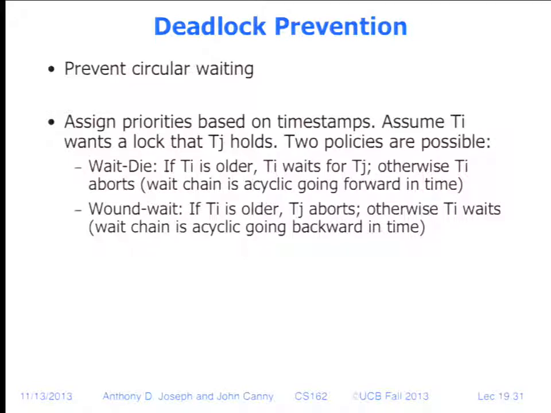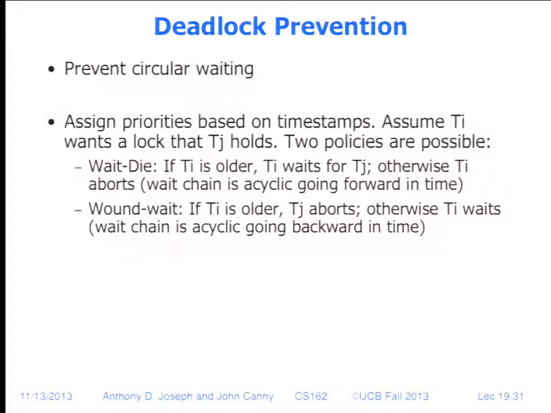The idea is that you allow a wait dependency going forward in time, so the depends-on arrows are going forward. When the wait would go the other way, so if Tj is actually older than Ti, that would imply the arrow going back the other way. You just don't allow that, and you abort Ti.